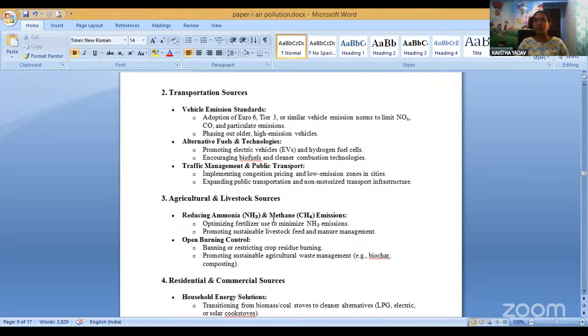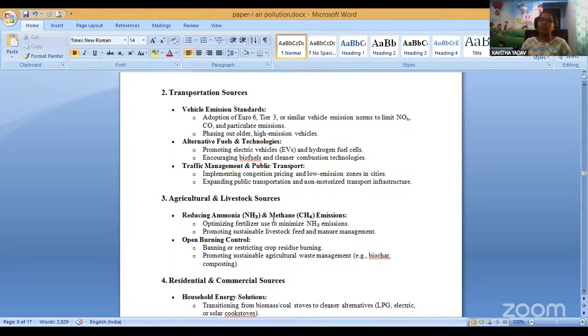Agricultural and livestock sources aim at reducing ammonia, NH3, and methane, CH4, emissions. Optimize fertilizer use to minimize NH3 emissions, and promote stabilized livestock feed and manure management.